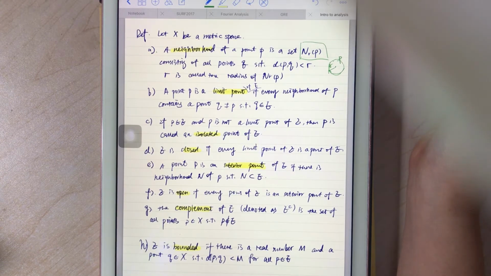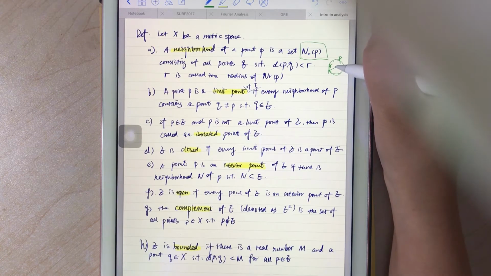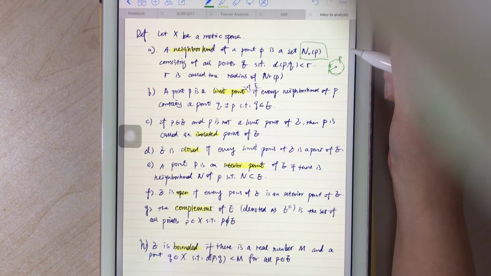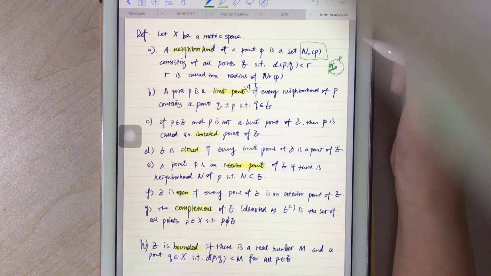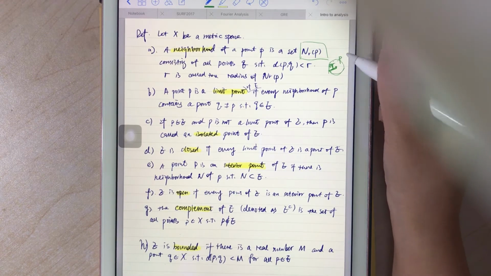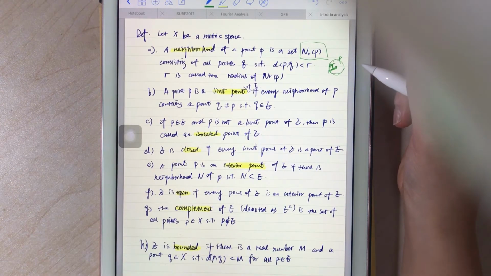So if we consider this definition on the complex plane, which is a two-dimensional plane, we take a point P here, and we have a radius r. The neighborhood of P with radius r is all the points Q such that the distance between P and Q is less than r.